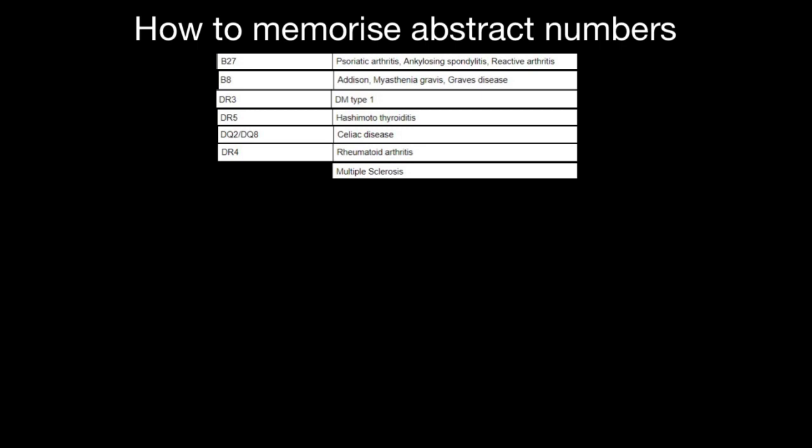So DR2. As you see, you have been able to memorize this whole table with absolutely no effort. And even if in a week I ask you what disease is associated with what gene, you would be able to recall and tell me exactly which gene is associated with which disease.